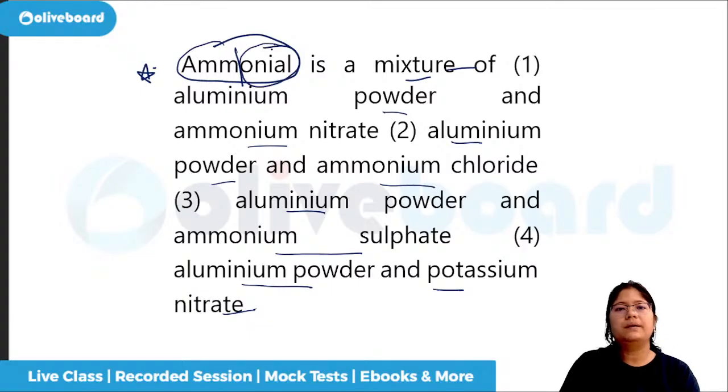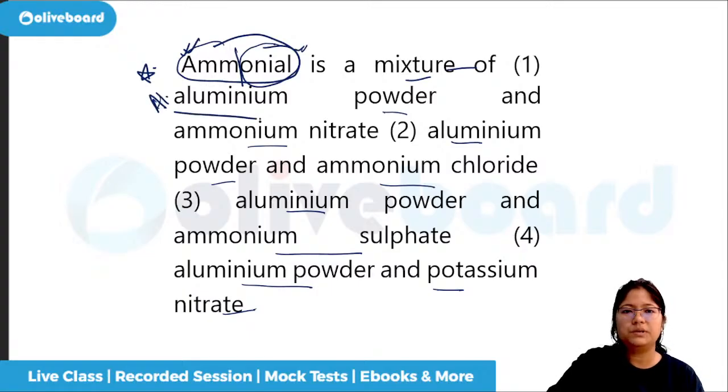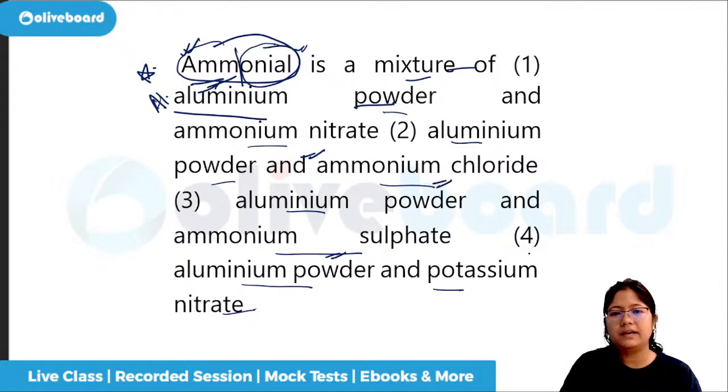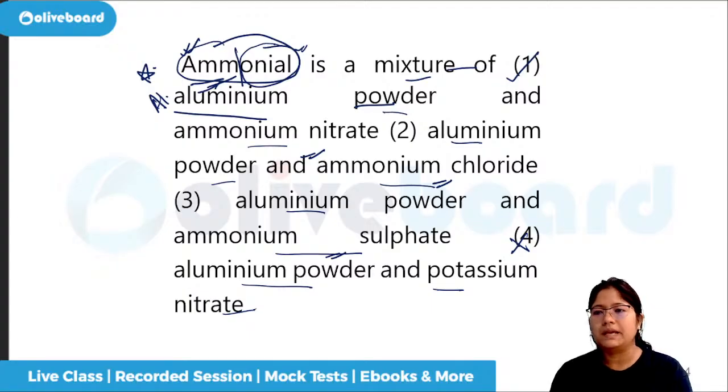If you see, aluminum powder is there in all the cases, so aluminum powder we are sure. Now just look at the names even if you're not sure about the answer: ammonium nitrate, ammonium chloride, ammonium sulfate. At least you can eliminate option 4 for sure. And the answer here is a mixture of aluminum powder and ammonium nitrate.